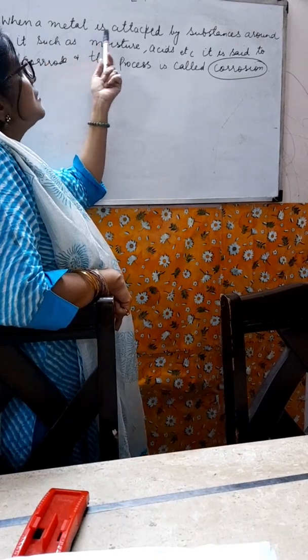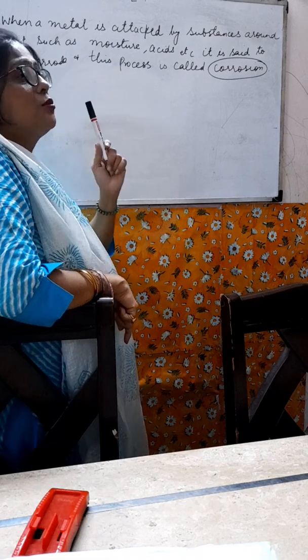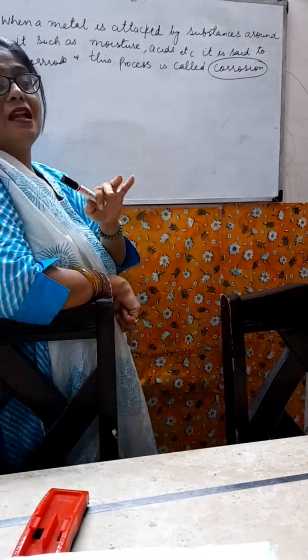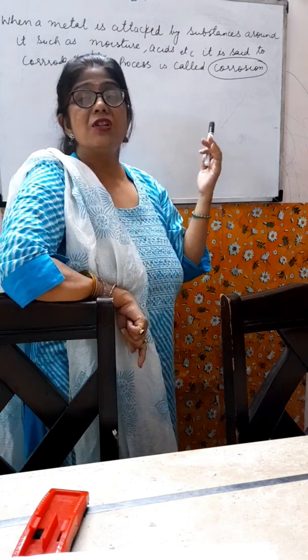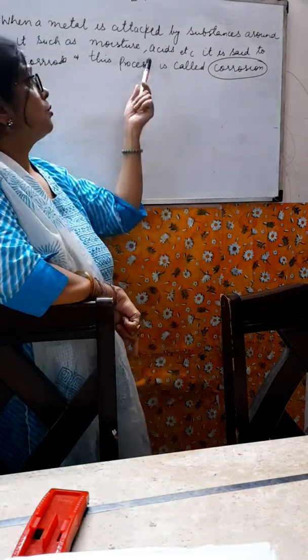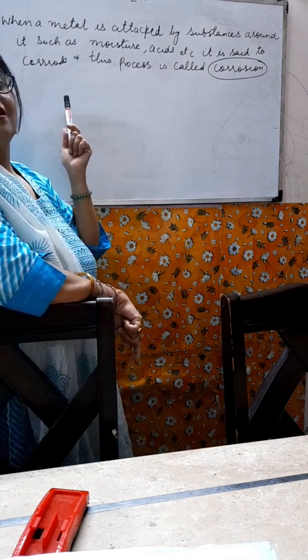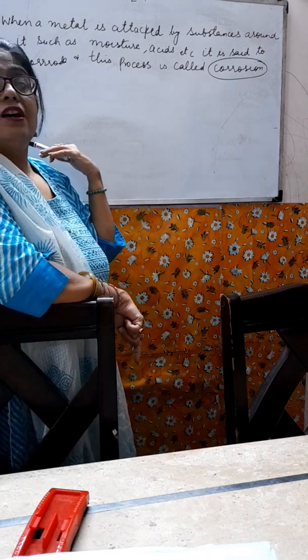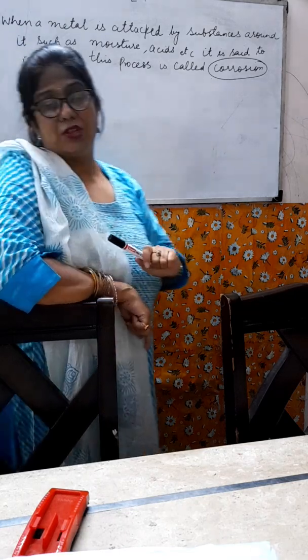When a metal is attacked by substances around it, such as moisture, water, the moisture present in the air, acids, etc., it is said to corrode, it is said to form a layer of rust over it, and this process is known as corrosion.